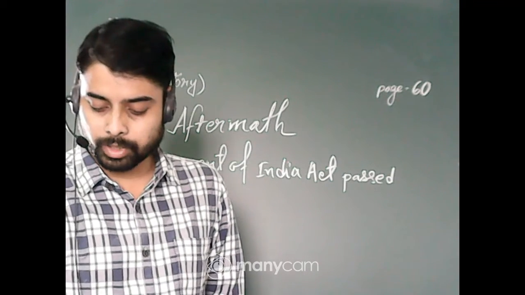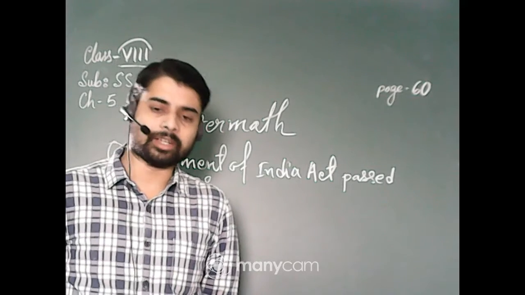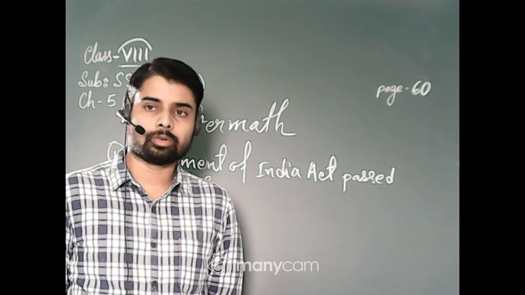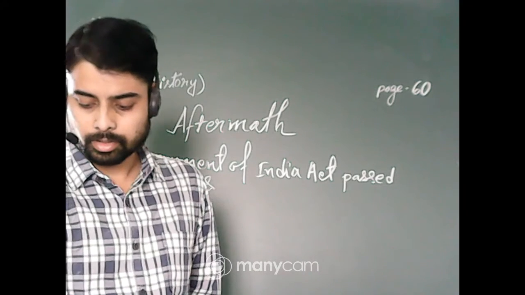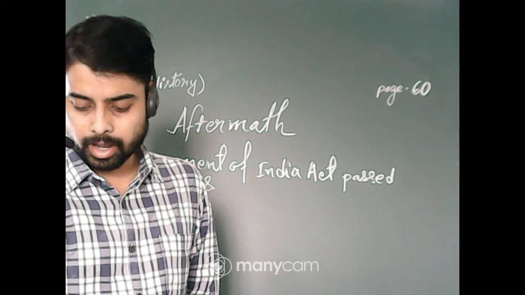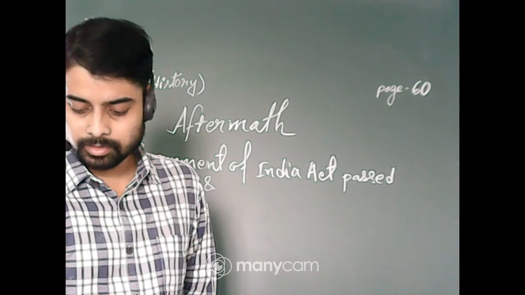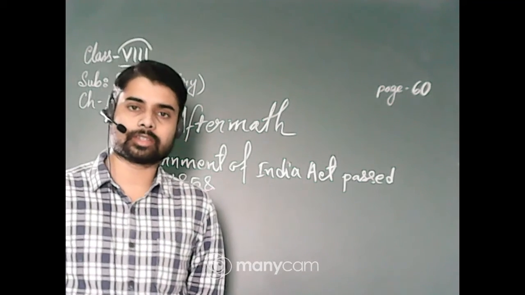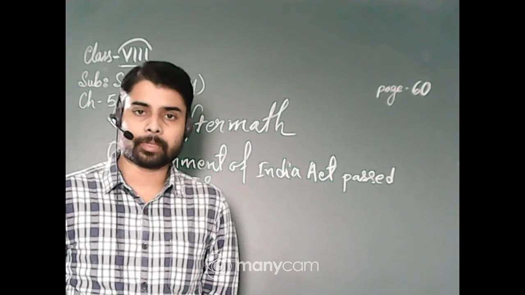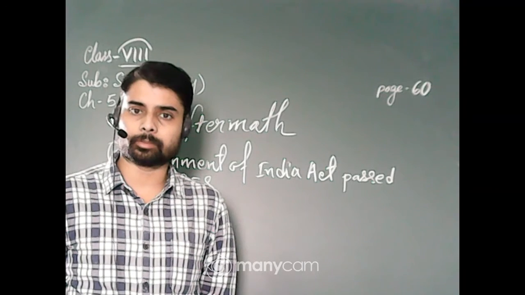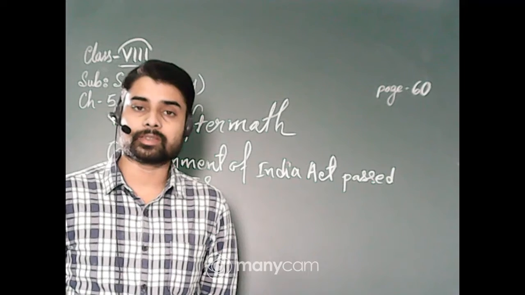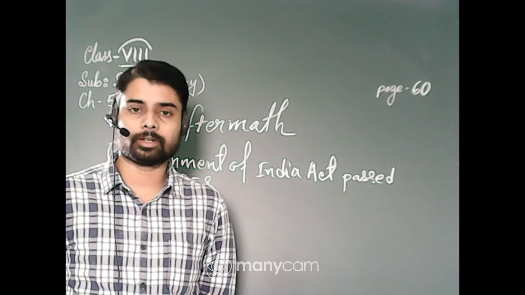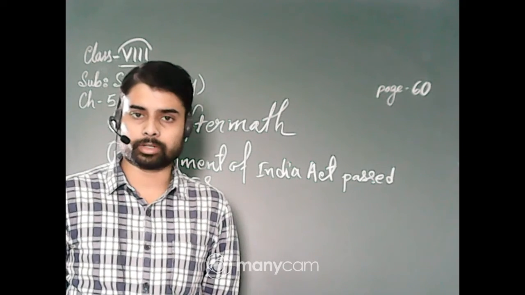So the mentality of seeing Muslims as a threat, with suspicion and hostility, started from that time, and most of the Muslims, mainly the rich people and the family members of the Nawabs, were sent into the darkness of backwardness.